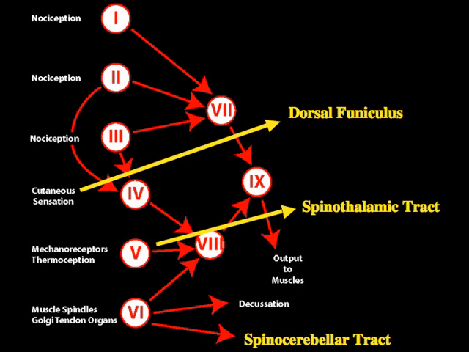And because today we're dealing with sensation, I'm going to be concentrating on the dorsal funiculus and the spinothalamic tract, which together form the major sensory system in the central nervous system, which is known as the medial lemniscal system.